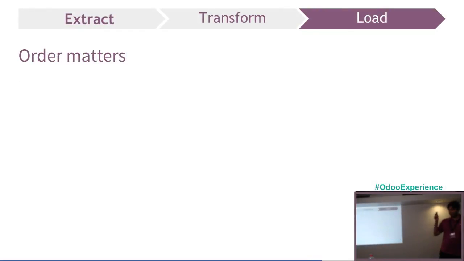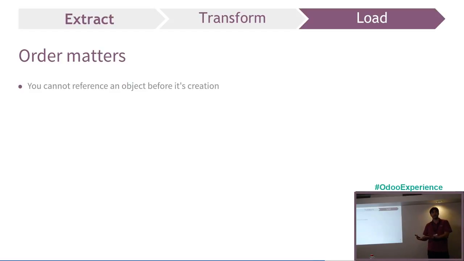OK. The order you use to load your data is really important, because, of course, you cannot reference an object that is not yet in the database. So if in your file you have a reference to a partner category, first import the partner category, then the partner. If you have parent ID, well, the order inside the file could matter, but there is another way to do so.